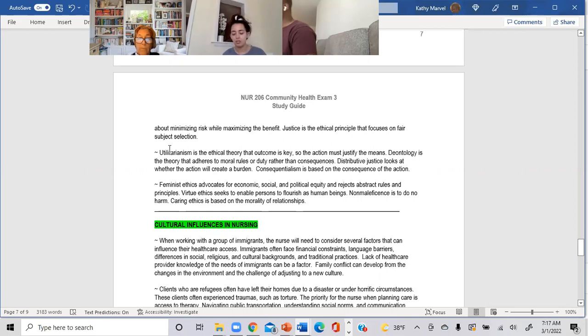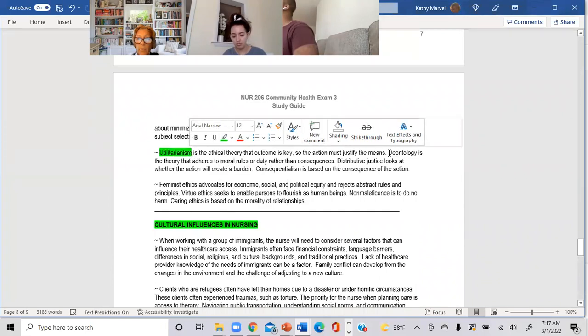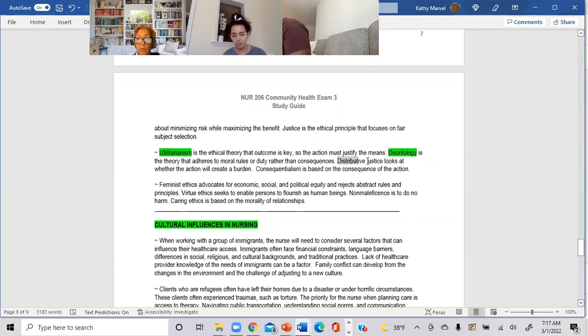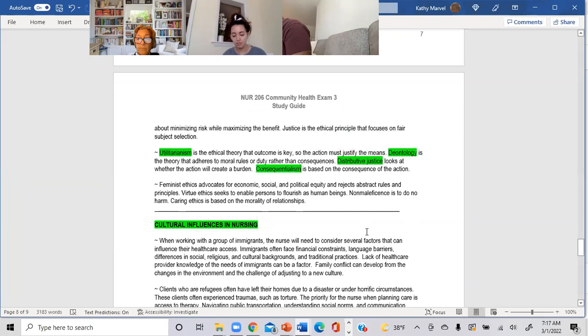There's 4 of them that we need to know. You need to know the definitions of the 4 of them: utilitarianism, deontology, distributive justice, and consequentialism. So you have a short definition of each of those.